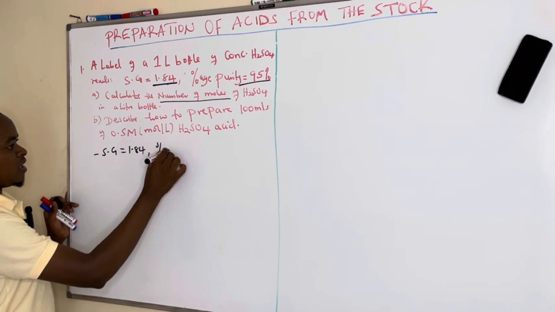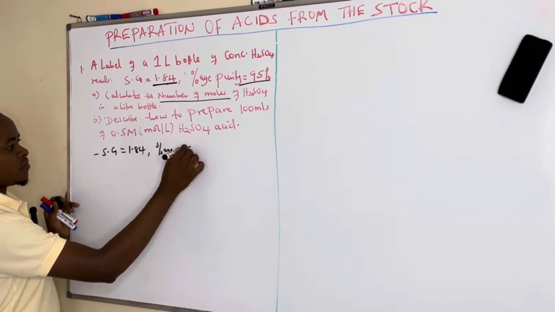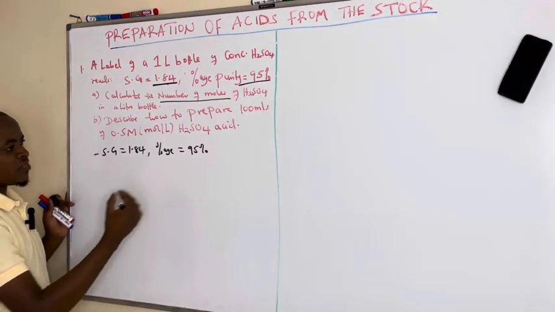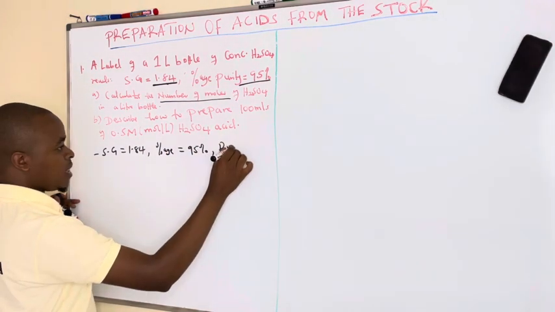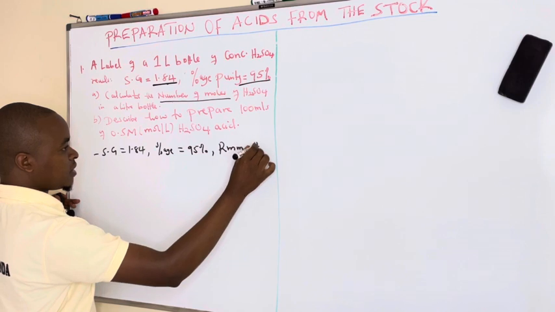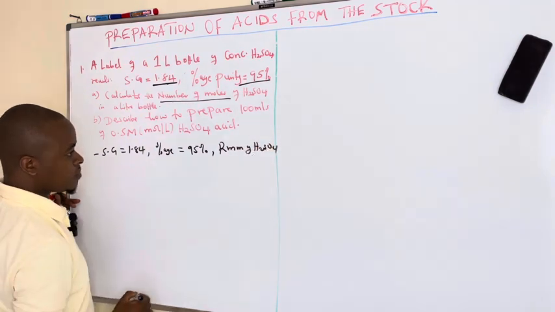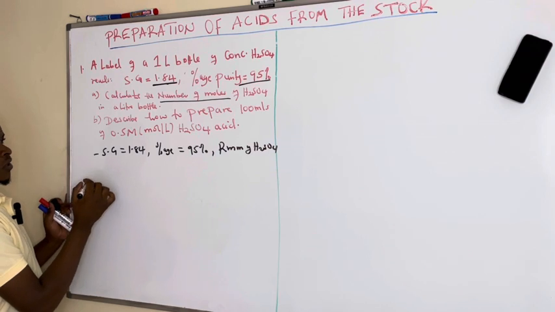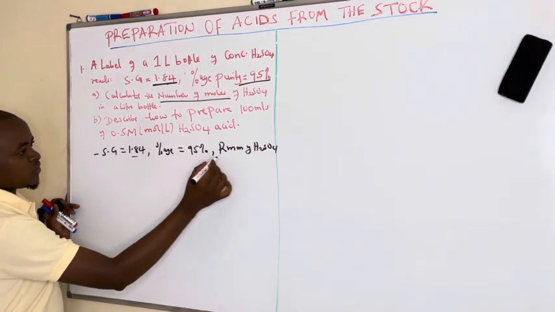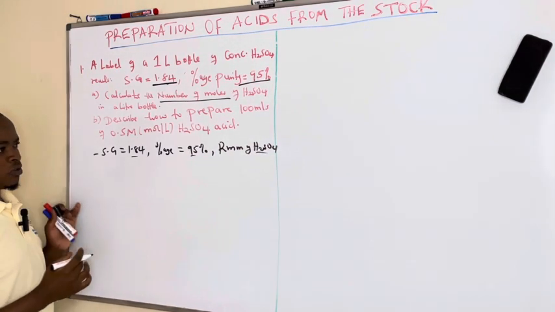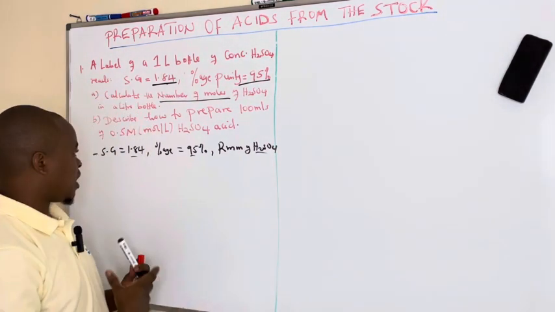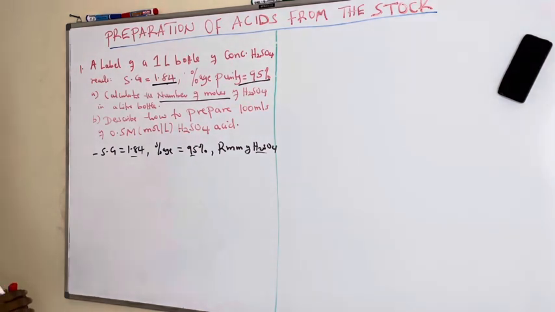We have the percentage purity as 95%. Another thing we shall need is the relative molecular mass of sulfuric acid. When we acquire this, we shall be ready to attack this question and to prepare these solutions.